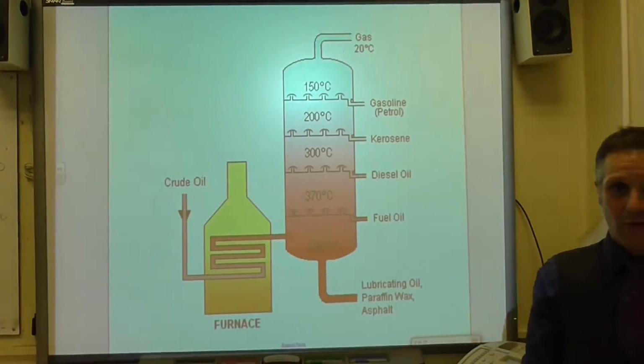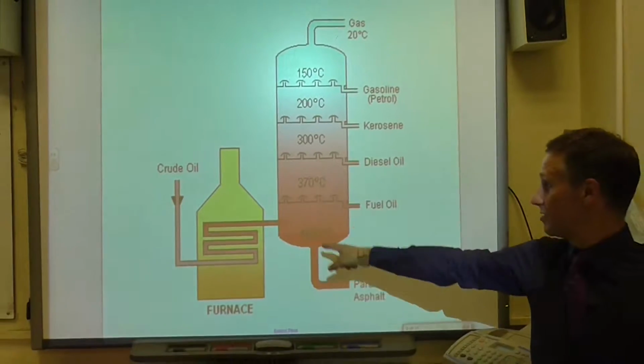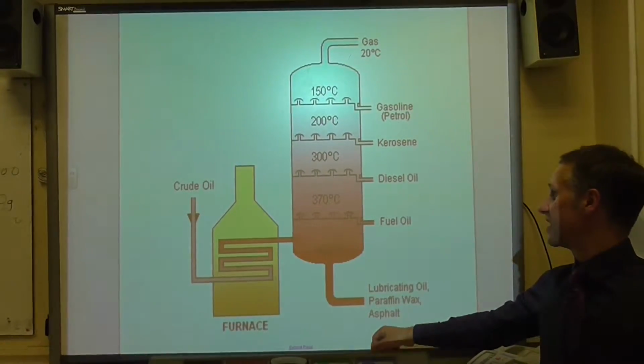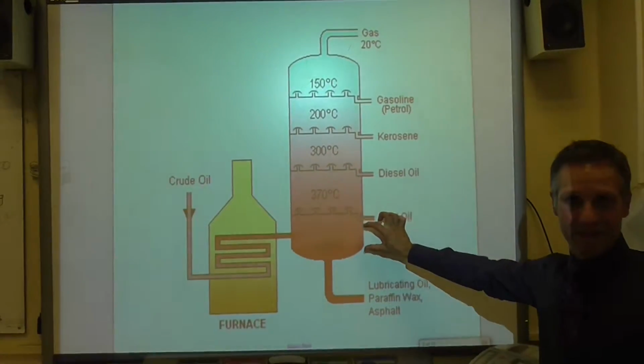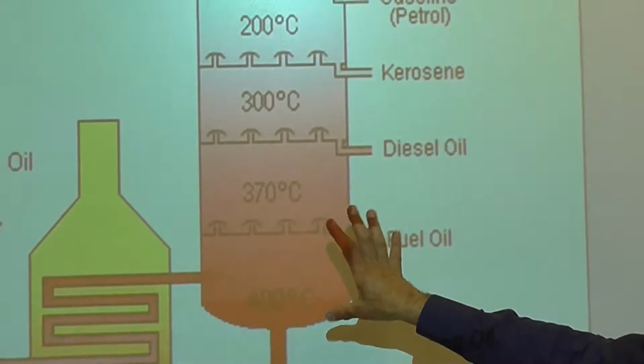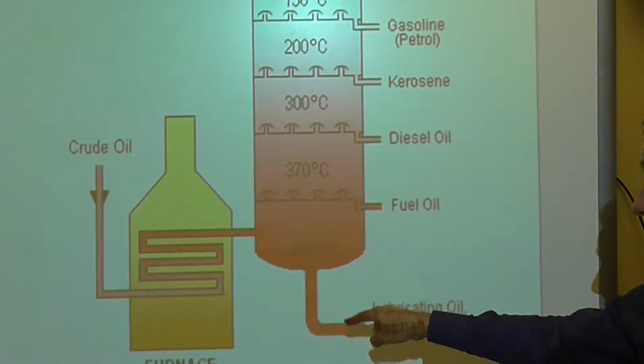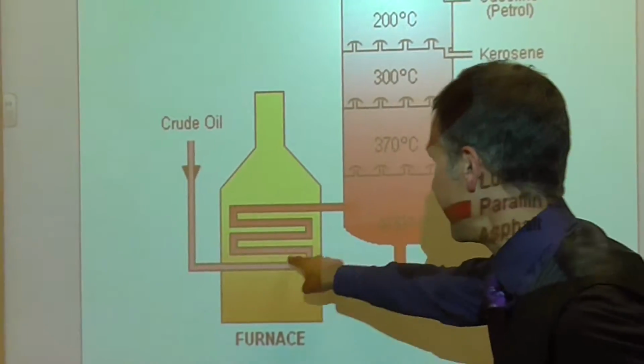What happens in a proper oil refinery, this fractionating column here will be very large. If you imagined a person standing next to it, it'd be about that big. So this is very large, it will refine an awful lot of crude oil in one go. The crude oil is heated here.